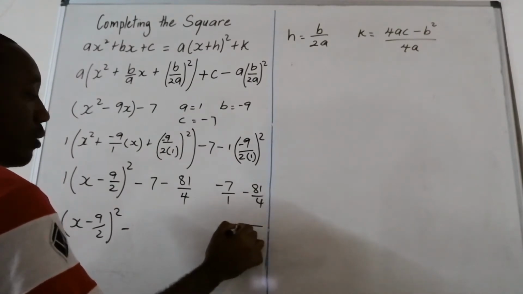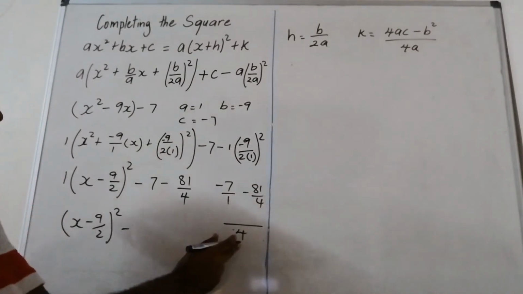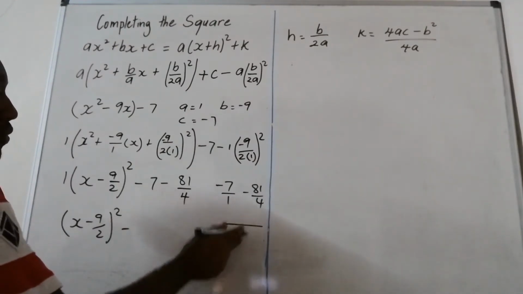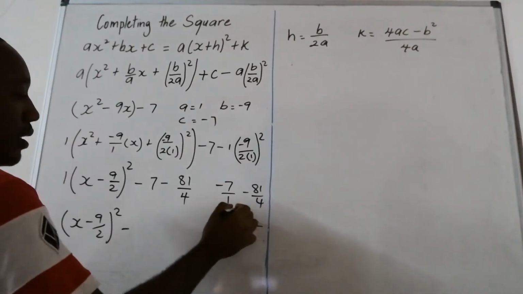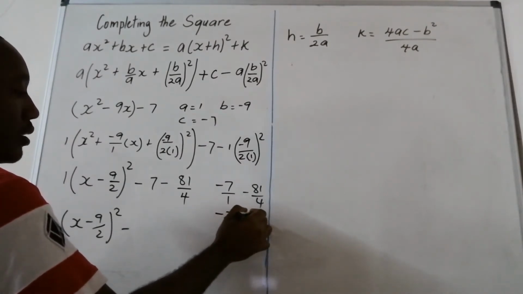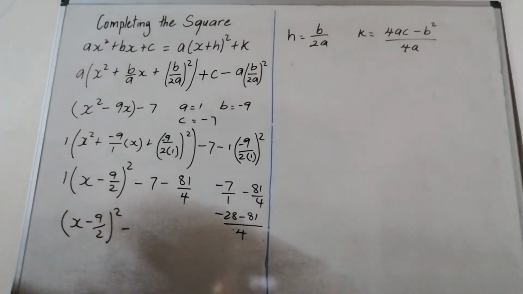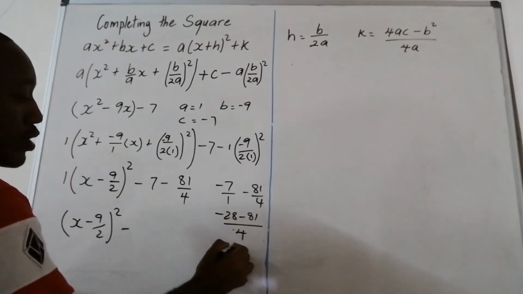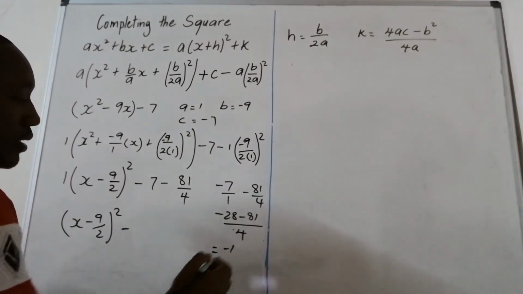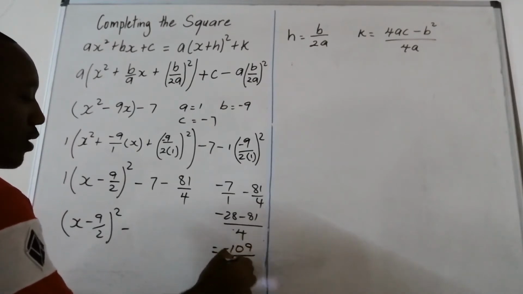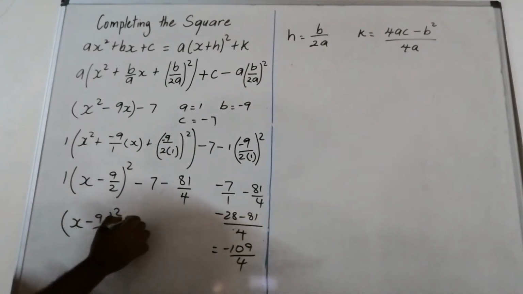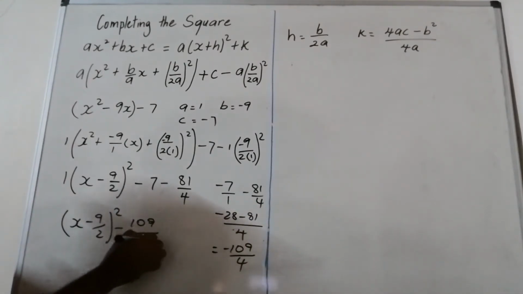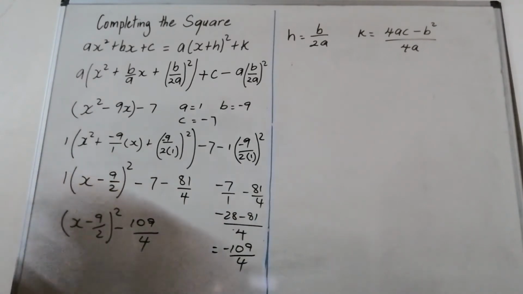Our LCM will be 4. 1 into 4 gives us 4, 4 times 7 is 28, so minus 28 minus 81. Working that out, we will have minus 109 over 4. So k here is minus 109 over 4. There we have our answer.